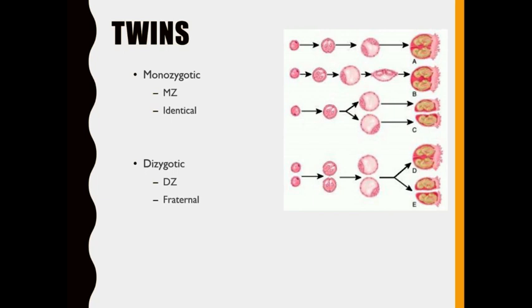And so what can be really confusing at birth is when a pair of twins is born, you can't necessarily tell whether they're monozygotic or dizygotic just by the condition of their placenta. If they're in the same amniotic sac, that can only happen if they're identical twins. But they used to think, well, if they have different placentas, then they're, by definition, dizygotic. And if they have the same placenta, they have to be monozygotic.